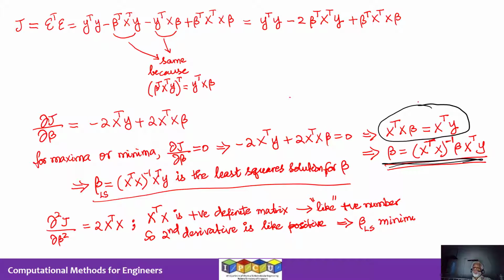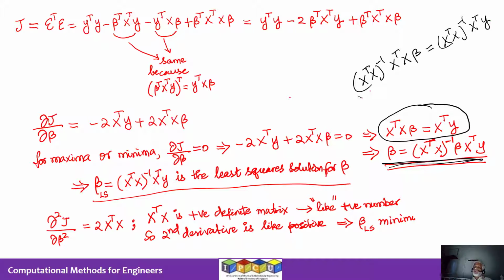What we do is we pre-multiply both sides by x transpose x inverse. So the left hand side will be x transpose x inverse, x transpose x beta, and the right hand side will be x transpose x inverse, x transpose y. This is a very legal operation, because we are pre-multiplying both sides by the same entity, x transpose x inverse.